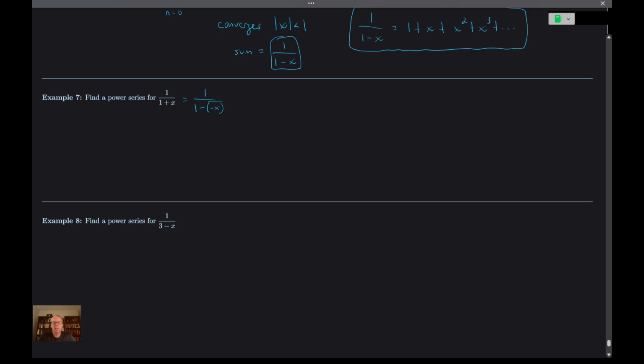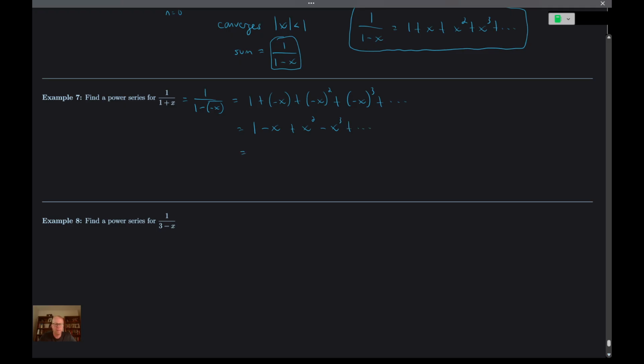So let's write this as 1 plus a negative x plus negative x squared plus negative x cubed plus on and on and on. And of course we can simplify this. This would be 1 minus x. This would be a plus x squared, since negative x squared is just x squared, minus x cubed, and so on.